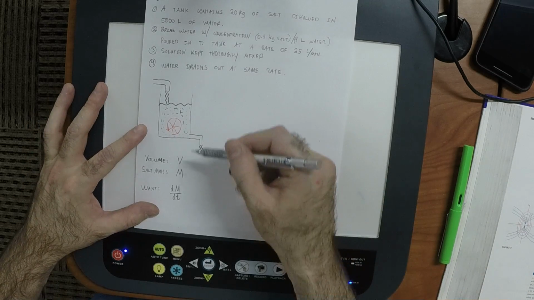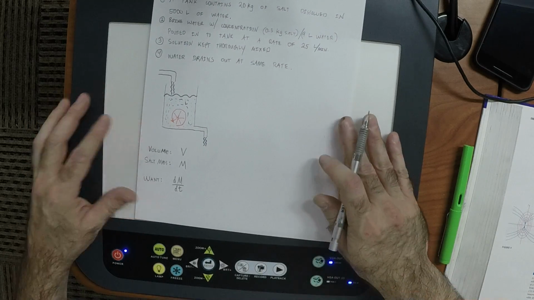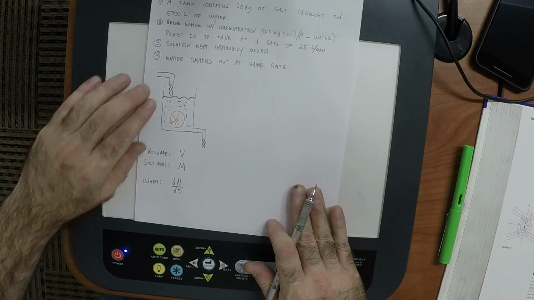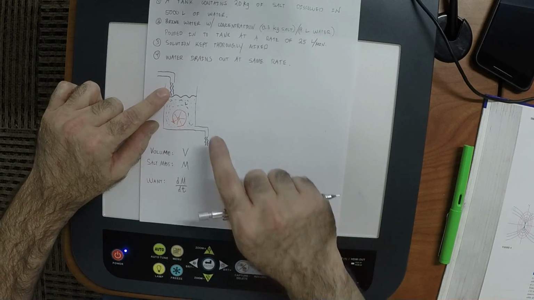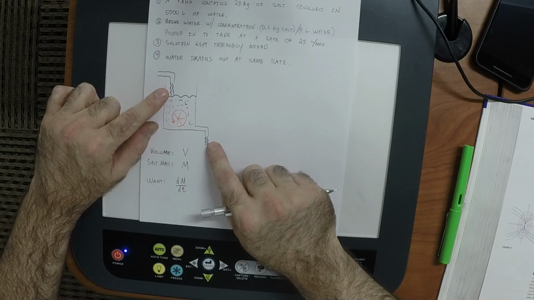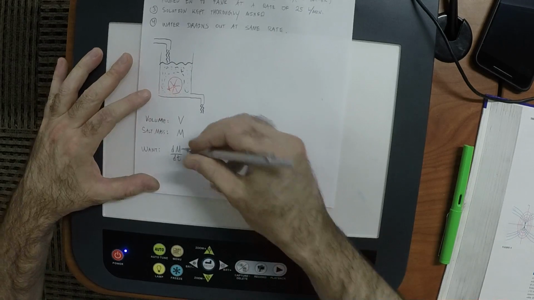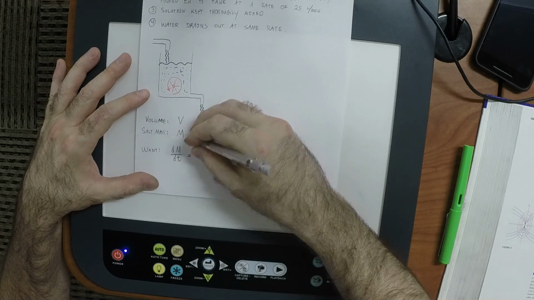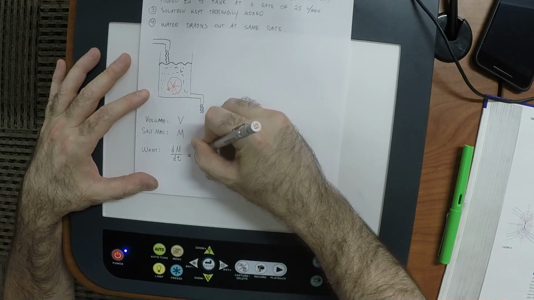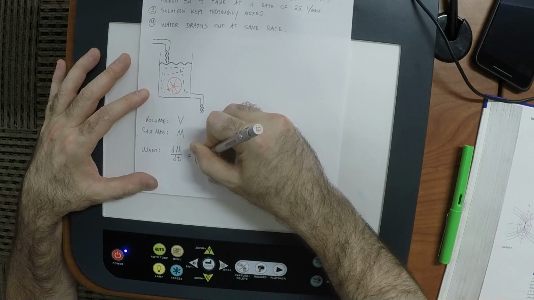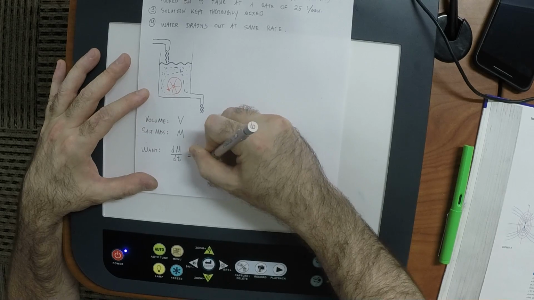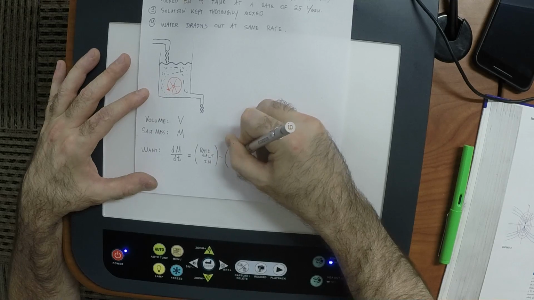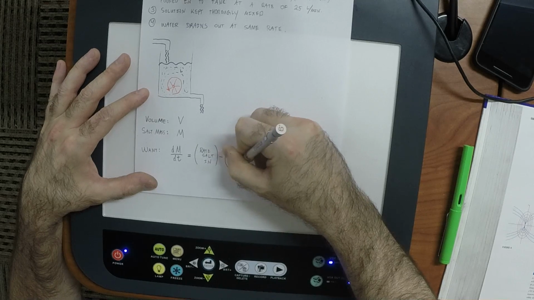And because salty water is being poured out, we also have a sink, a place where salt is being lost. So structurally, this should be the rate of salt coming in, minus the rate of salt going out.